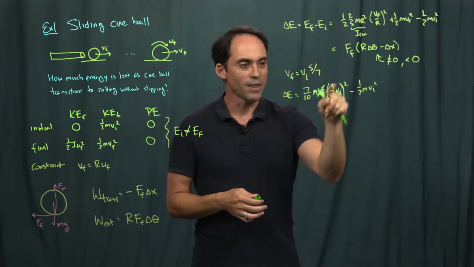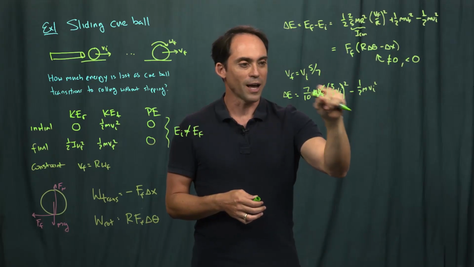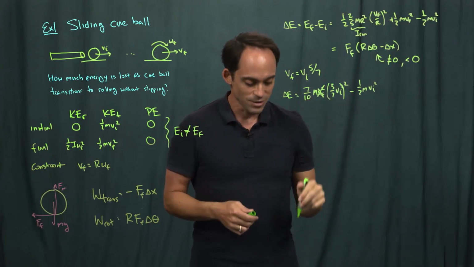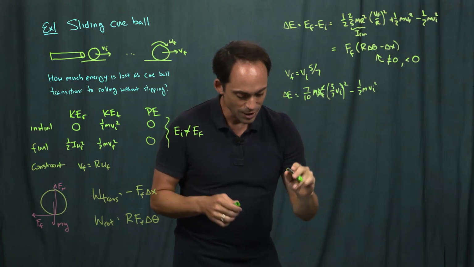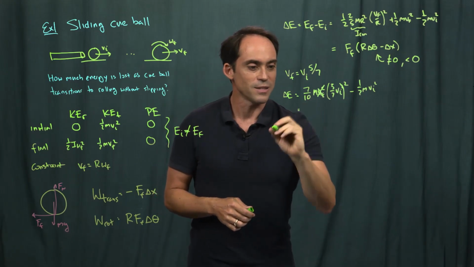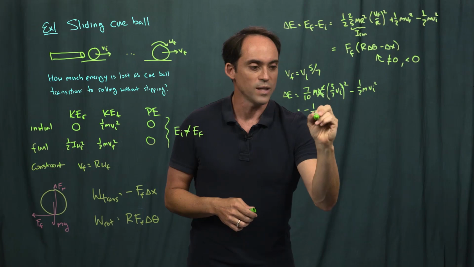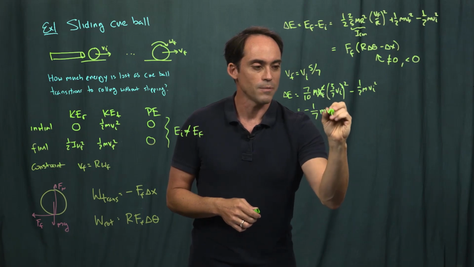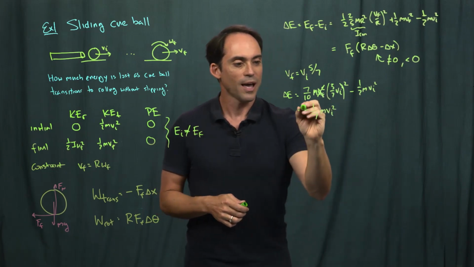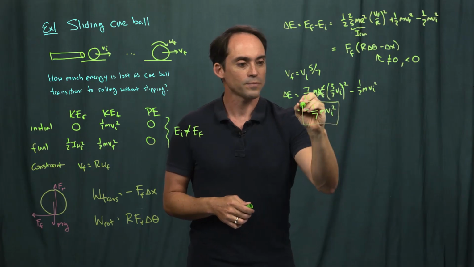Well, if you go through the math, this is going to be 25 over 49 times 7/10. When you do all the numbers together, what you find is that this is equal to minus 1/7 times m times Vi squared as the change in energy.